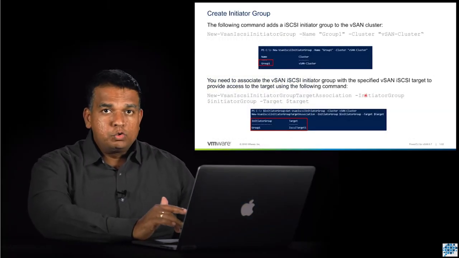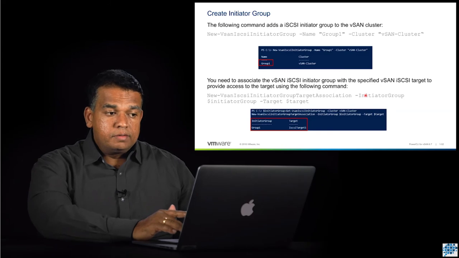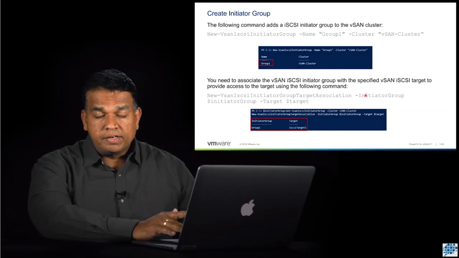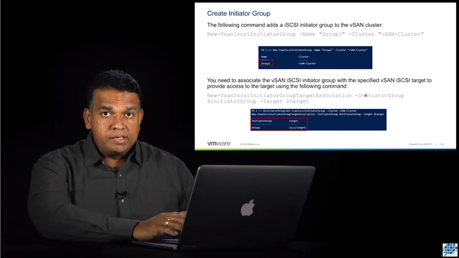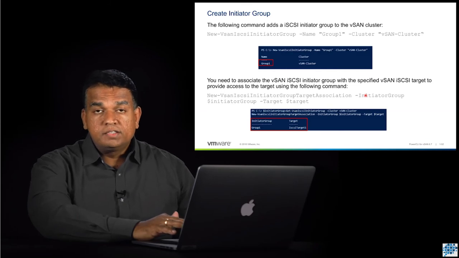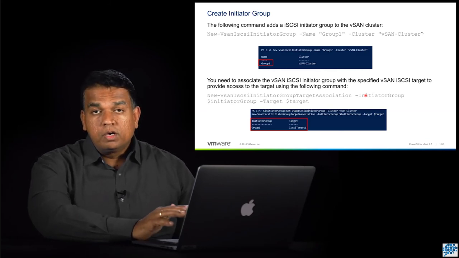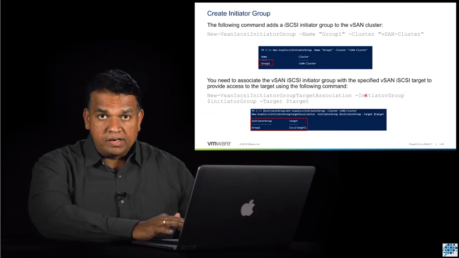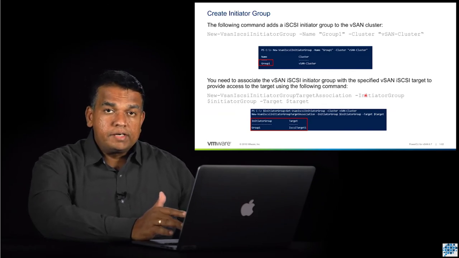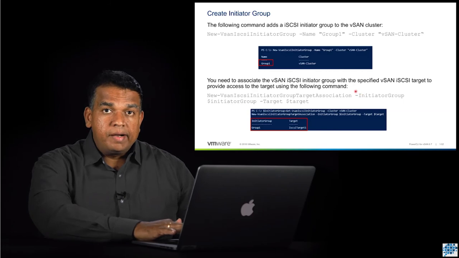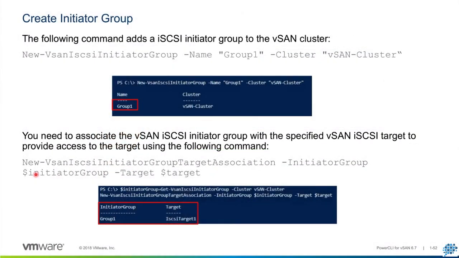So the next step is to associate the iSCSI initiator group with the target. This is a very important step which we cannot miss. This means that the members of this initiator group should have access to this target. To create this association, we need to run this command called New-VsanIscsiInitiatorGroupTargetAssociation. I would say this is probably one of the longest cmdlet names I've come across.